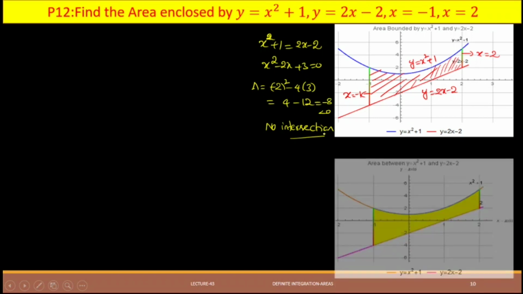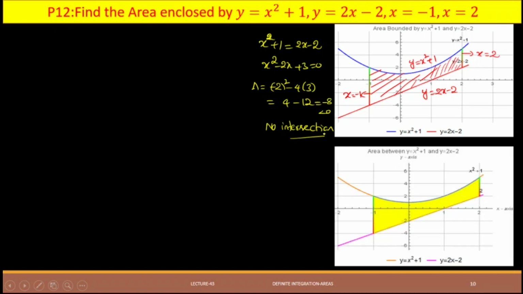Let me show you the required region. The required region is shaded in yellow color. This is the region that we need to find. So the required region A is equal to integral, the limits are from minus 1 to 2, and here the upper curve is x square plus 1 and the lower curve is 2x minus 2, dx.